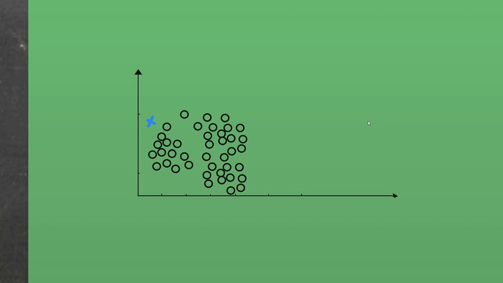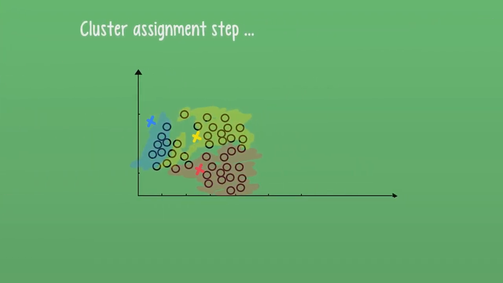First, we just choose randomly three data points. We call them centroids. Why centroids? Because they're going to be the centers of our clusters. We choose them randomly.